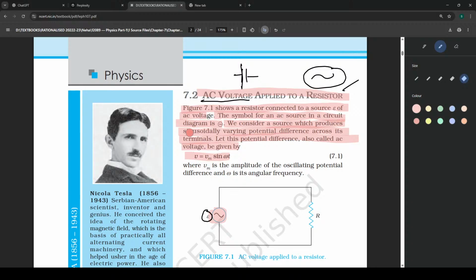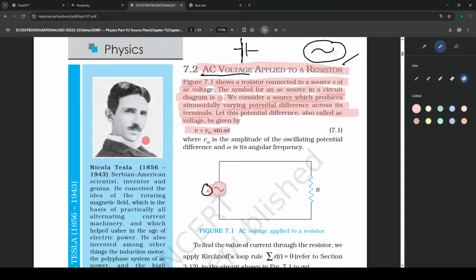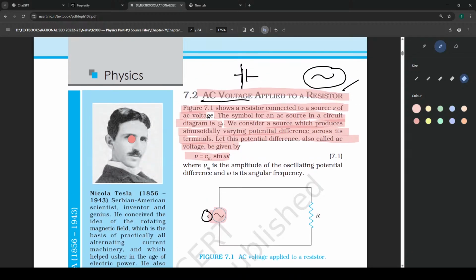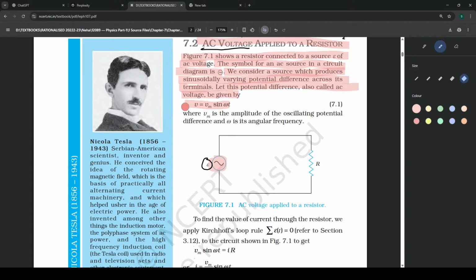We consider a source which produces a varying potential difference across the terminals, and if we consider this as a potential difference, also called AC voltage, this AC voltage V is equal to Vm sine omega t. This is actually from a previous chapter, electromagnetic induction, the AC generator derivation.